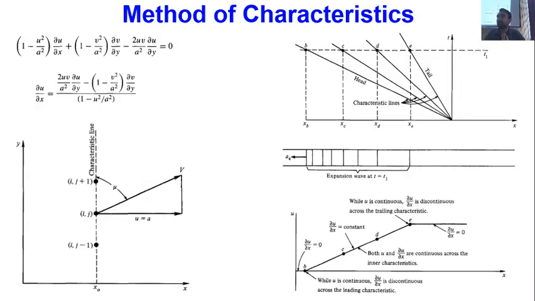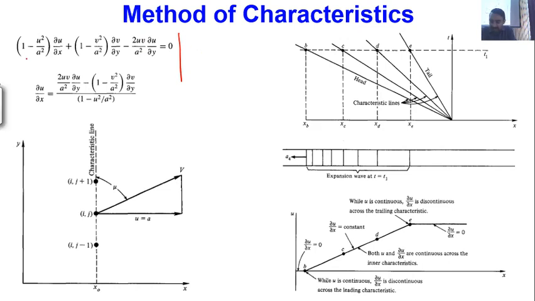Now let's quickly talk about the method of characteristics. We will try to see it for two-dimensional irrotational flow only. For two-dimensional irrotational flow, we have derived the velocity potential equation, which was (1 minus phi x square by a square) into phi xx, plus (1 minus phi y square by a square) into phi yy, minus 2 phi x phi y by a square into phi xy, equal to 0.